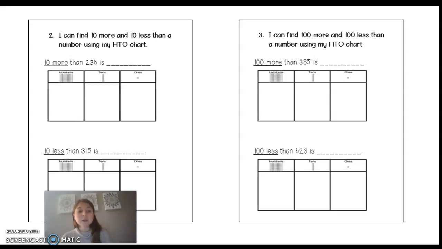Show me 10 more, show me 10 less, show me 100 more, show me 100 less. Make sure I see your work. You also want to put your answer on that line to complete the sentence. Pause the video here to complete all 4 problems.